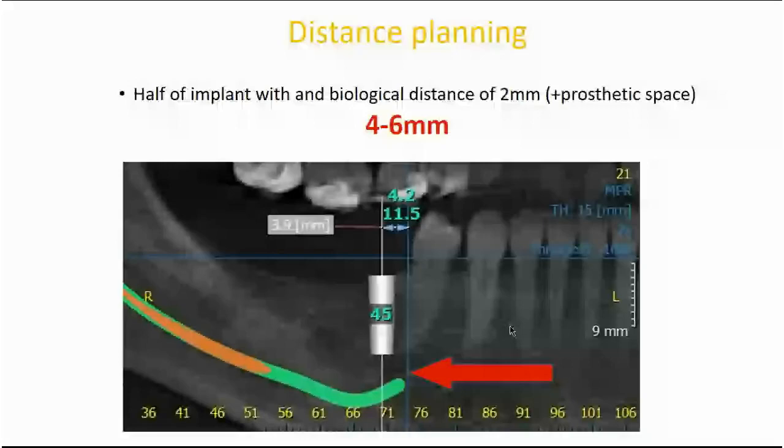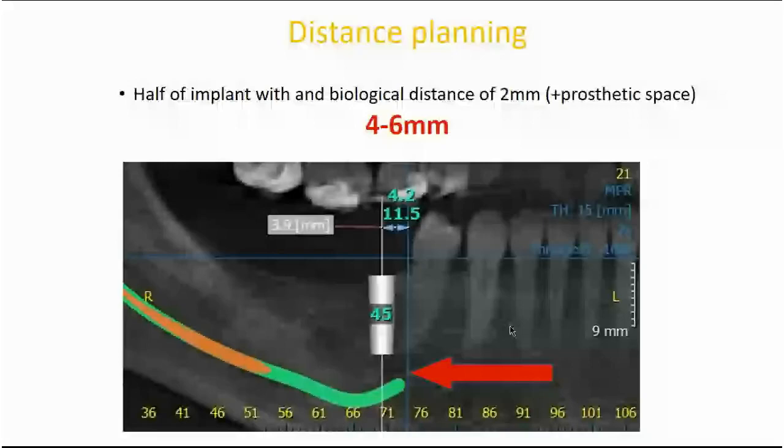So if we have in mind those basic instructions, then we could look at how we utilize the basic implant planning tools in the software. If we need to plan one implant next to the neighboring tooth, then we should have a 2 millimeter distance of the implant from the tooth or from the root. We should have in mind that the average size of the implant is a 4 millimeter diameter, so half of that size is 2 millimeters.